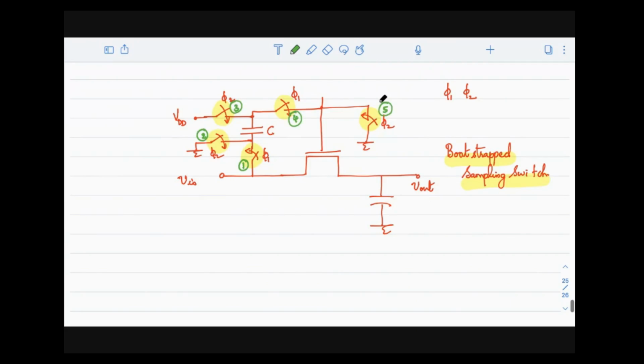So even though we wanted one switch for a sampling circuit, we ended up having 5 additional switches, for the reason that we want to make the on resistance of the switch independent of the input voltage.